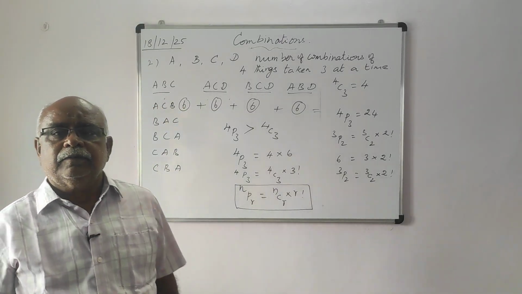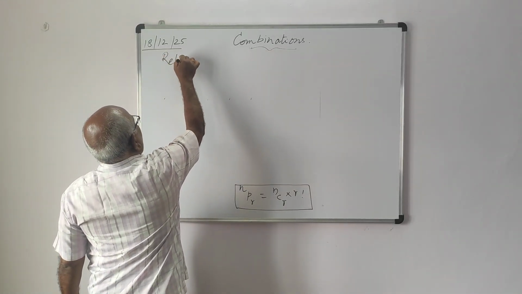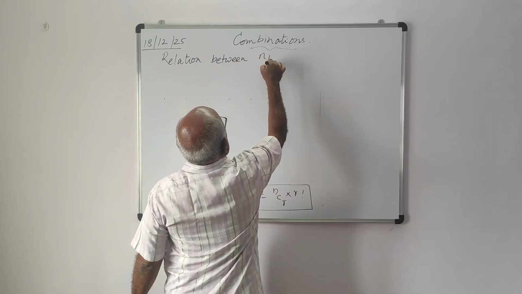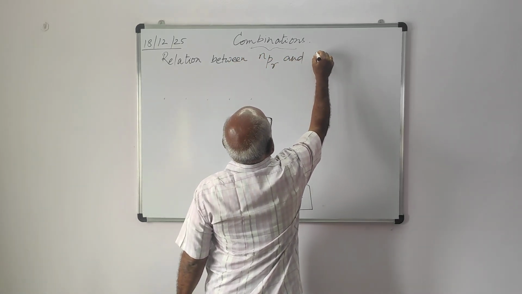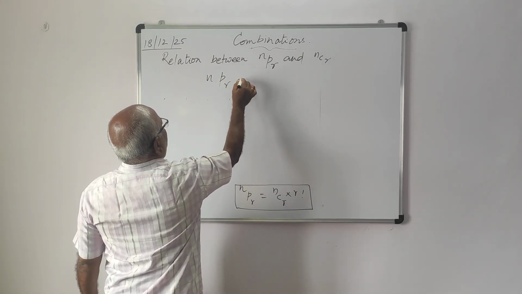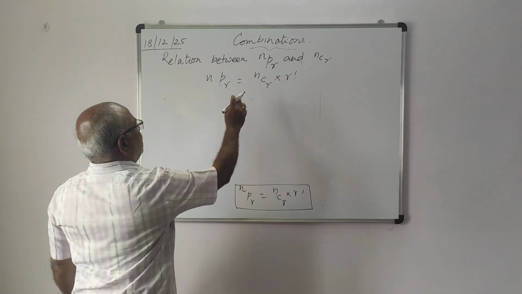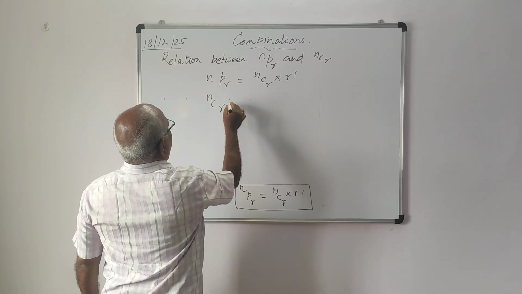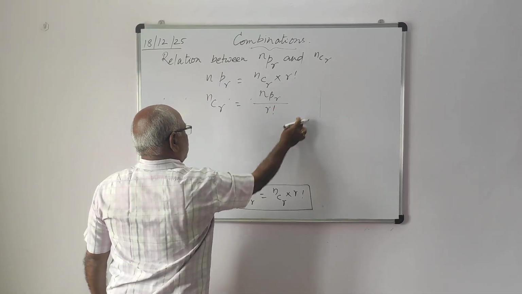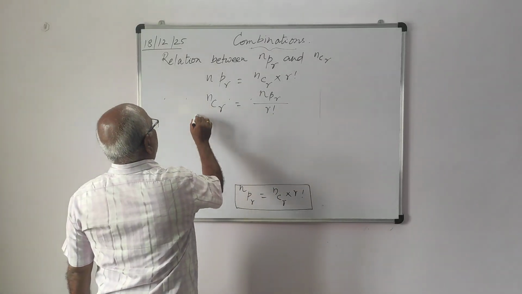Now, the relation between nPr and nCr: nPr equals nCr into r factorial, or otherwise nCr equals nPr by r factorial. If you bring this r factorial to the left-hand side, it becomes nPr by r factorial, which is equal to nCr, because we want the value of nCr.